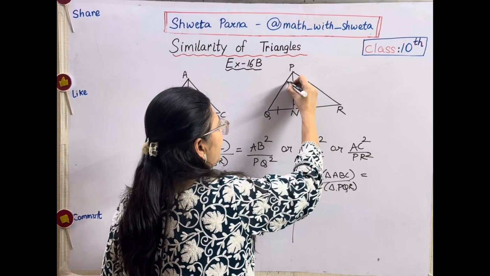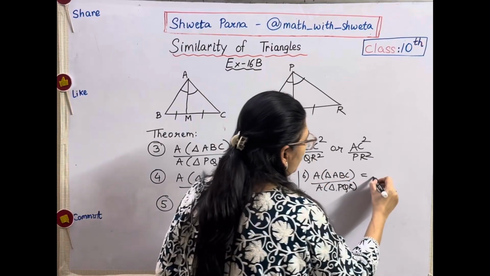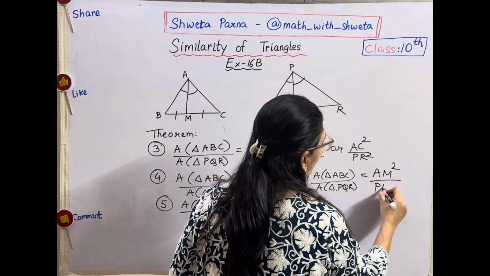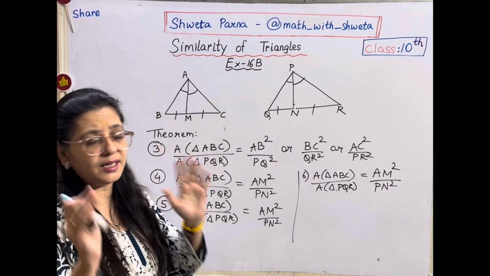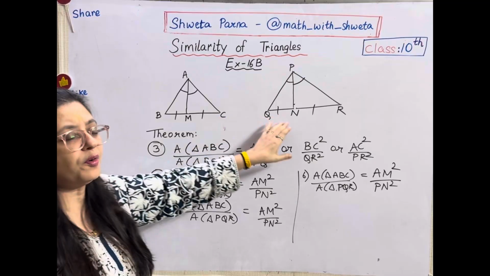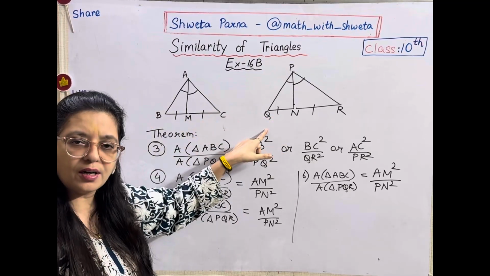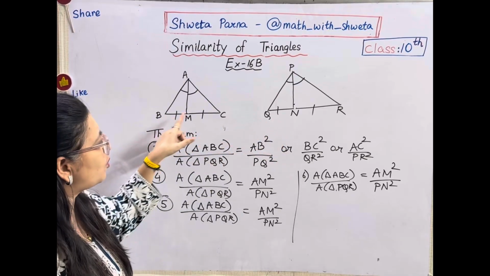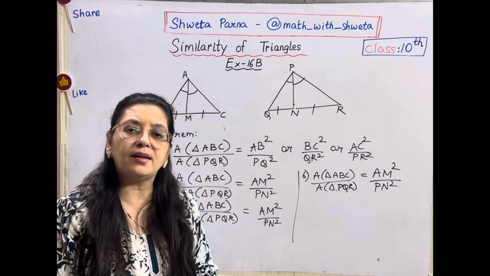Here also PN bisects the angle equally. Here once again we'll revise. The areas of two similar triangles are proportional to the squares of their corresponding sides, their altitudes, their medians, and their angle bisector segments.